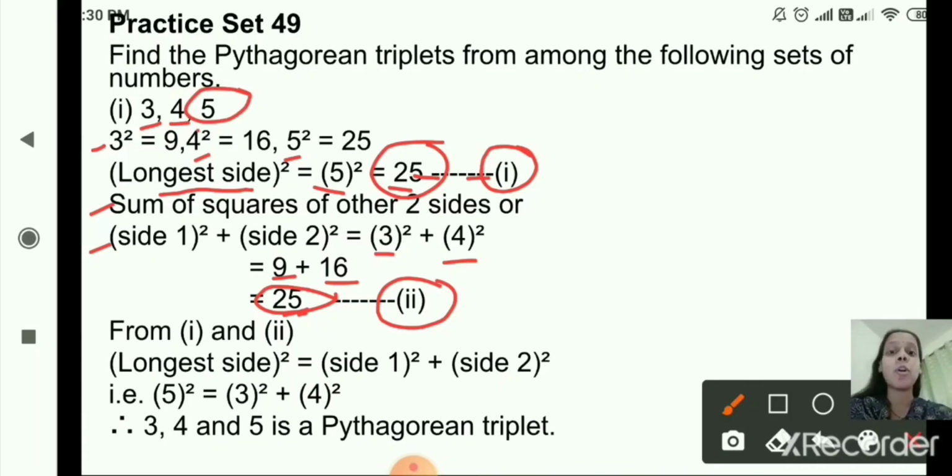Yes, then from statements 1 and 2 we have concluded that the longest side square is equal to side 1 square plus side 2 square. Therefore 3, 4 and 5 is a Pythagorean triplet. I hope you are clear with this. Now we'll move to the next sum.